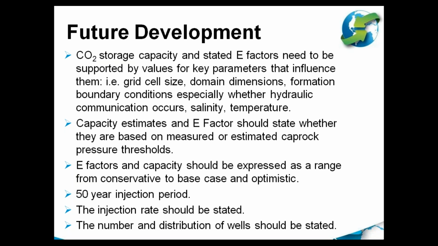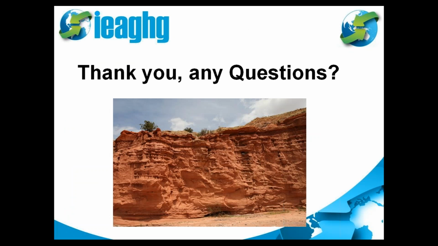As I've shown, the rate does depend on distribution and number of wells. And really, I'm thinking aloud as to the steps to be taken to refine further attempts at large-scale dynamic capacity estimates. And I would be happy to take any questions.